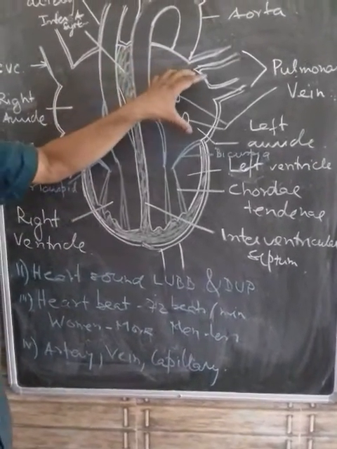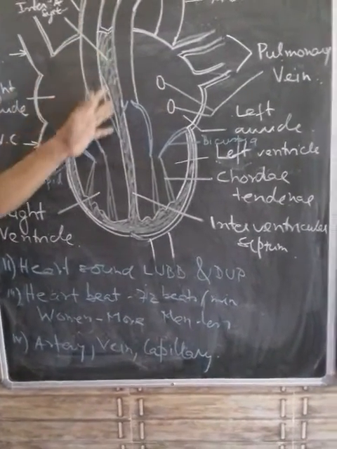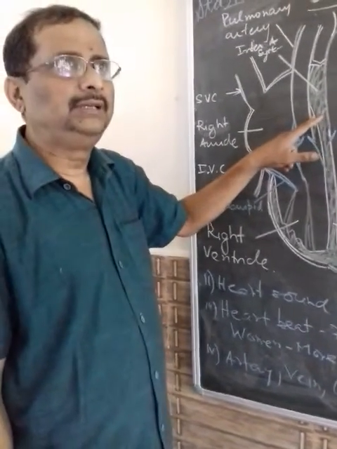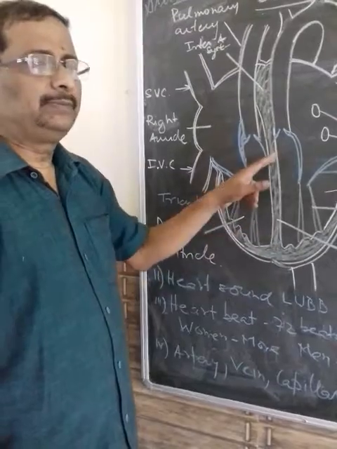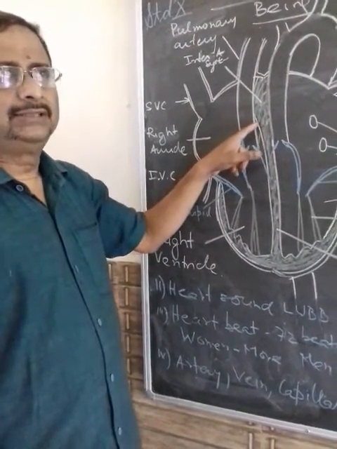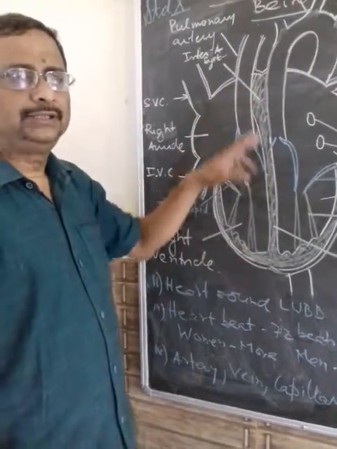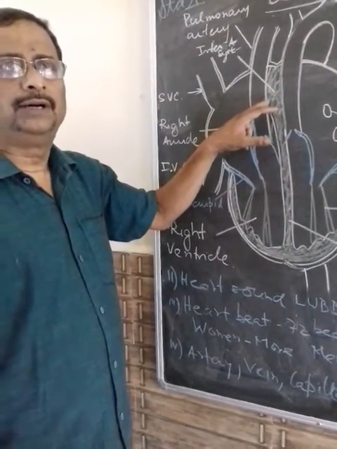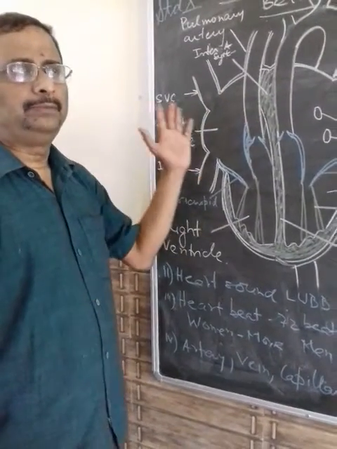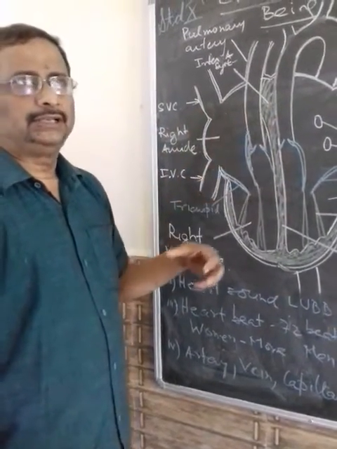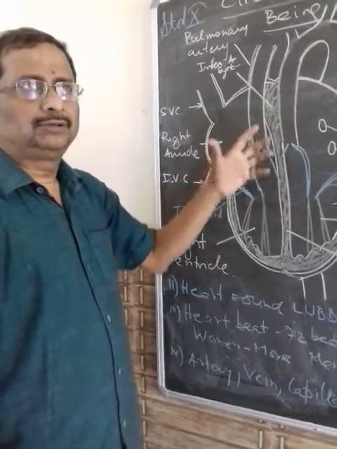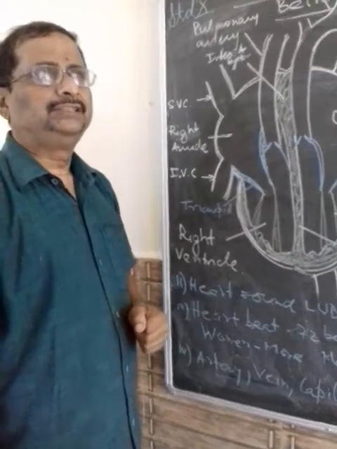Now, usually the auricles are separated by a membrane called the interauricular septum, and the ventricles are separated by the interventricular septum. In between the two auricles, usually in the fetal condition, there is a small hole called foramen ovale, which is open in fetal condition. Sometimes the blood flows through the auricle in fetal condition, but this small hole is closed before the birth of the child.